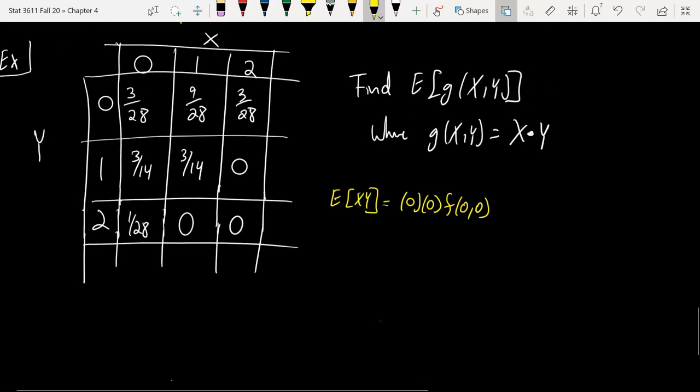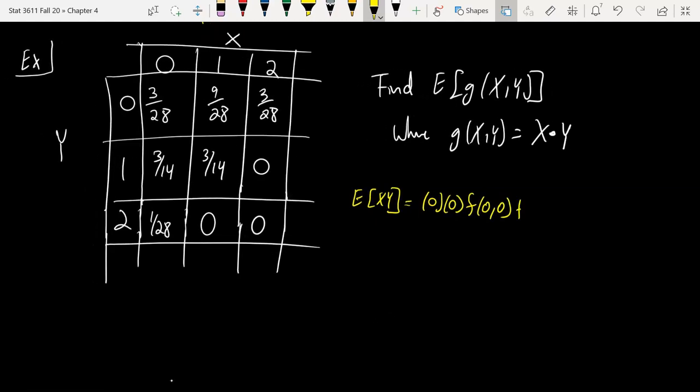I'm just going to write it like that for a second. Plus 0, x could be 0 and y can be 1 times that probability. So f of 0, 1 would be 3/14. Then when x is 0, y is 2, that probability would be 1/28, times f of 0, 2.